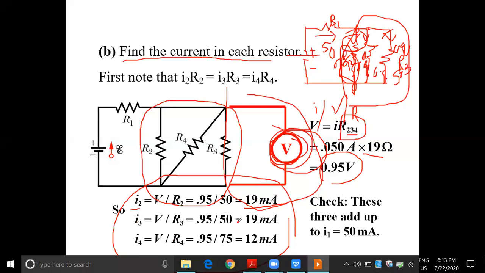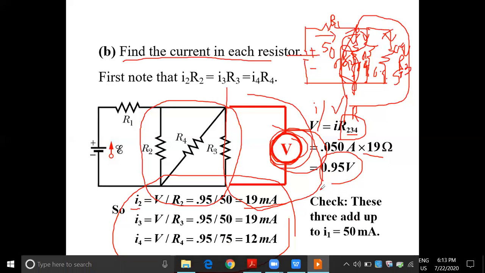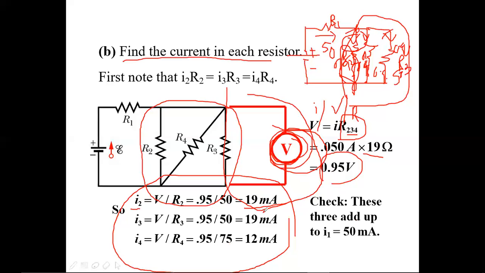Now I know the currents I2, I3, and I4. Let me check whether my answers are correct or wrong. If I add these 19, 19, and 12, I must get 50 milliamps, because as per the law of KCL, current entering a node is equal to current leaving that node.